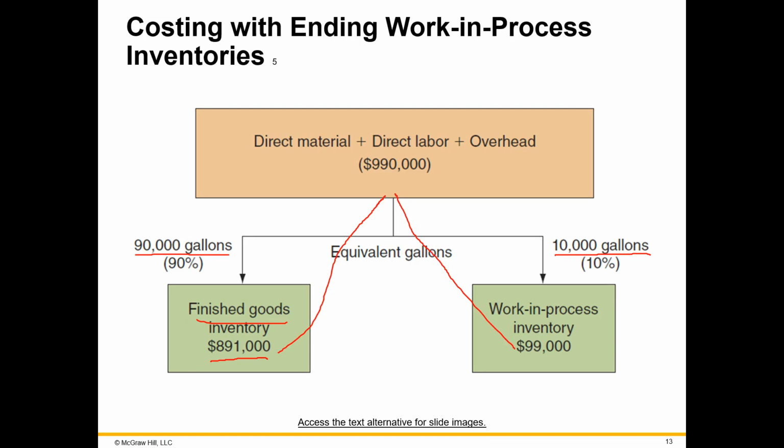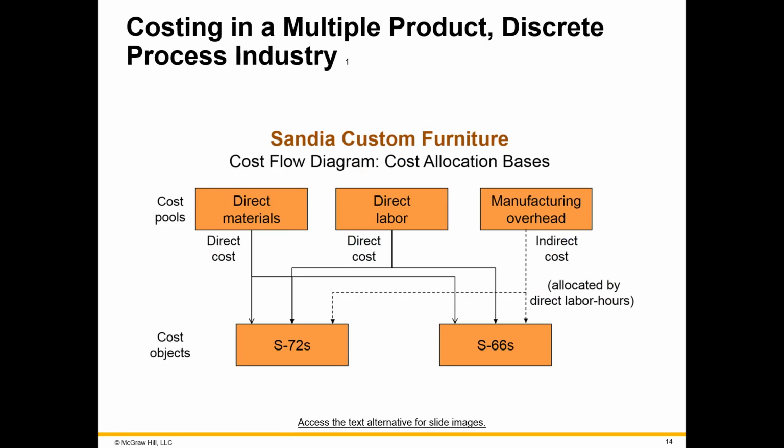Here's another example. We have a furniture making company, and they're making two different types of desks. They have the S72 model and the S66 model. And again, we have direct materials, direct labor, and manufacturing overhead. And in this case, we're going to allocate the overhead based on direct labor hours.